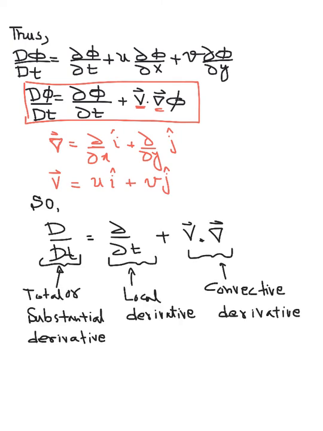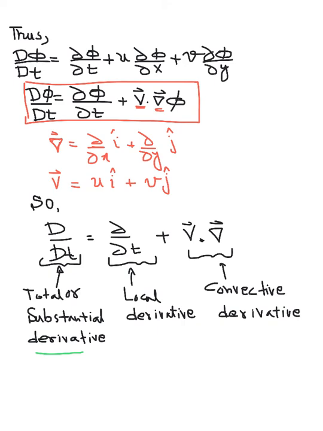Here I would like to further expand the definition of each term. The left hand side is commonly known as the total or substantial derivative that you can take for any scalar or vector property.